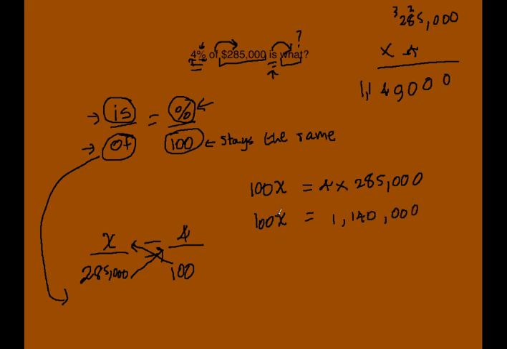Now, remember what we always say: the only way to leave the x by itself, when you see the 100 next to it, because the 100 needs to go, is to divide both sides by this number that you want to get rid of. Divide. So x is finally by itself, and remember that you're going to be dividing by 100. When you're multiplying by 100, you move the decimal point 2 times to the right.